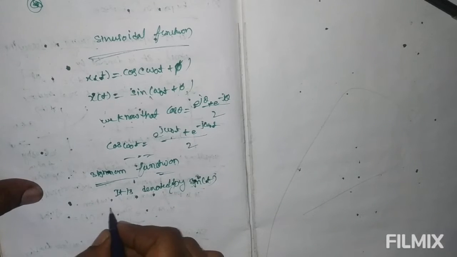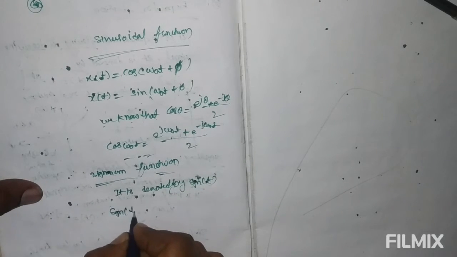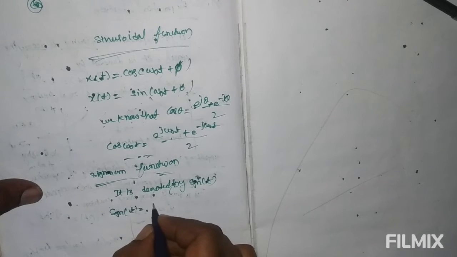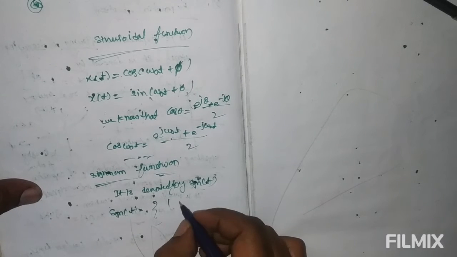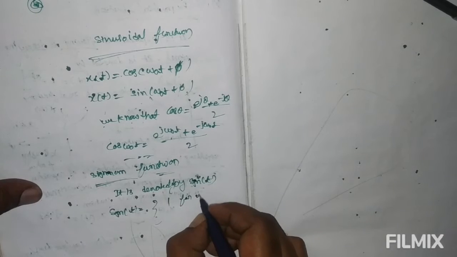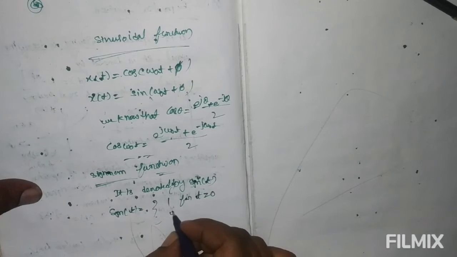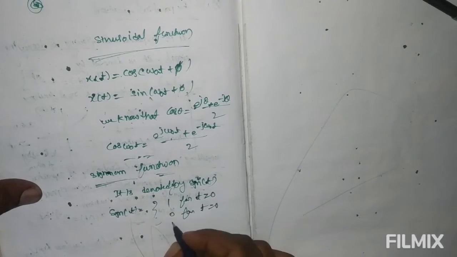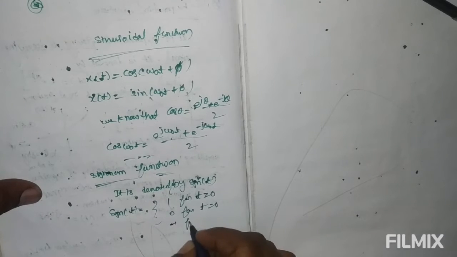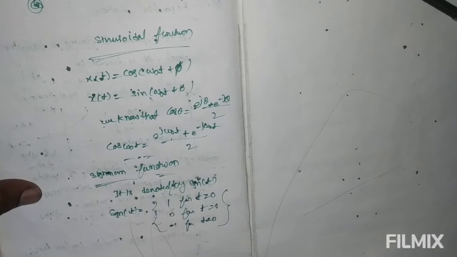The representation of the signum function is sgn of t equal to 1 for t greater than 0, 0 for t equal to 0, and minus 1 for t less than 0. This is the signum function representation.